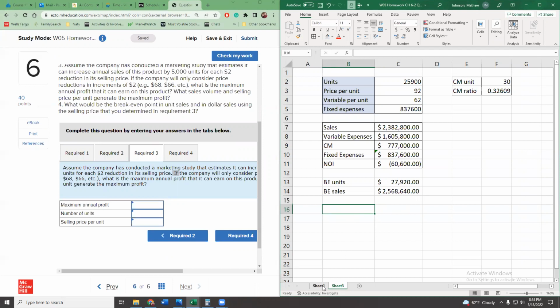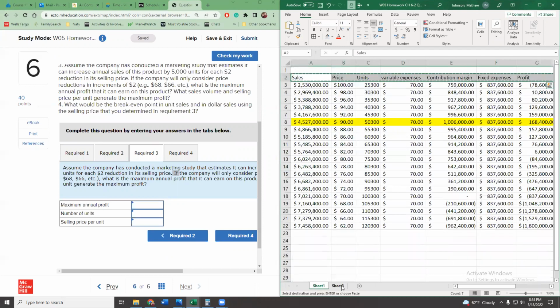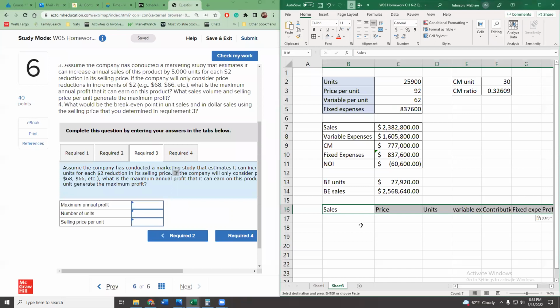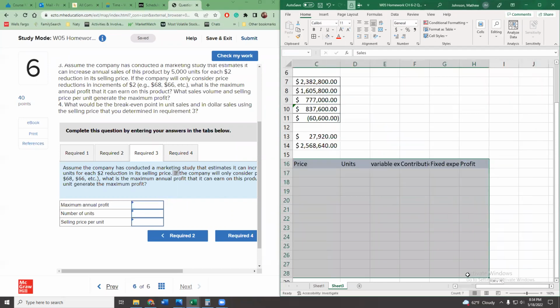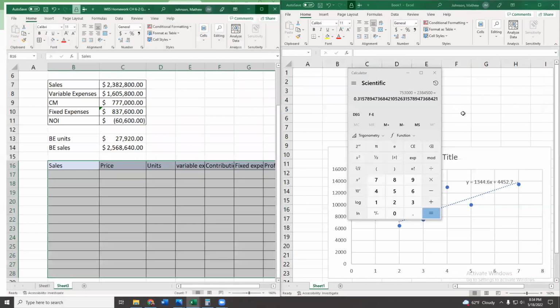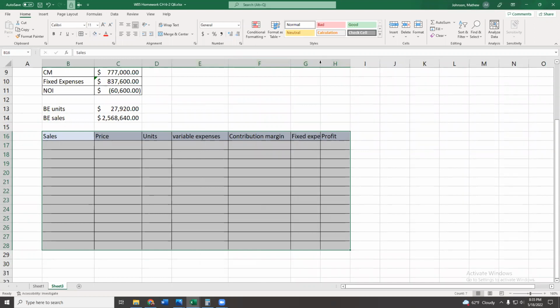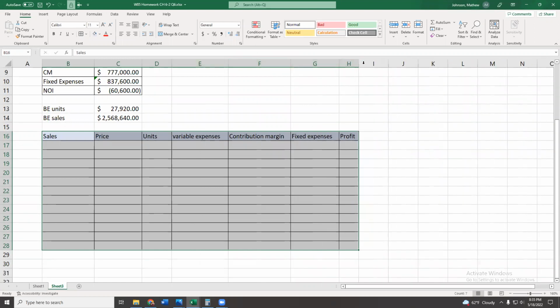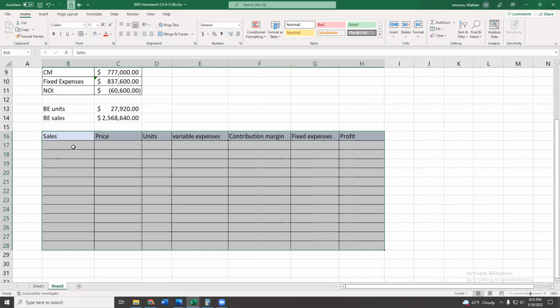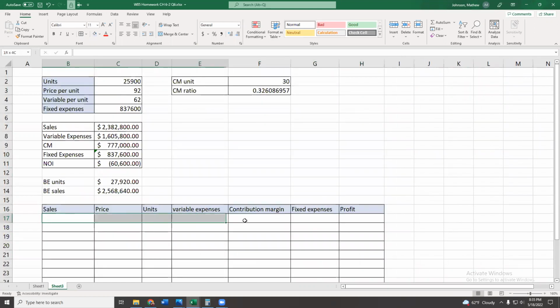So I'm going to copy this really quick, and we're going to do a table. For this first line, it's basically what we did for requirement 1, it's just that this time it's going to be horizontal.